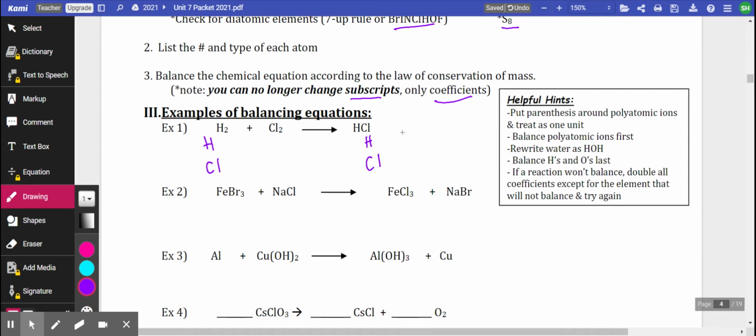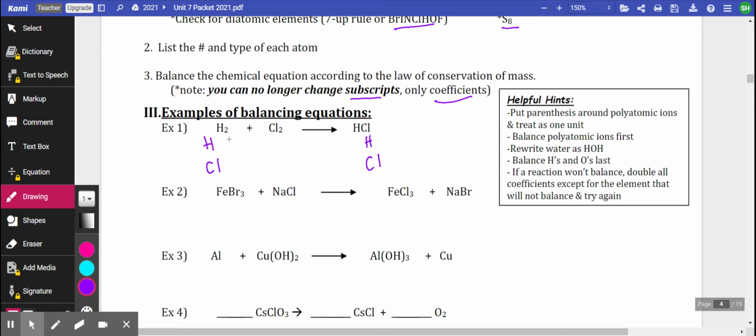You can't make a new element or lose an element in the process of a typical chemical reaction. That happens in nuclear reactions, not in your typical chemical reaction. So make sure you have the same elements on both sides.